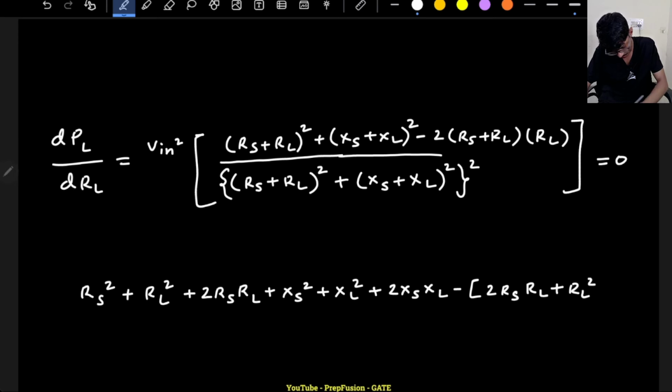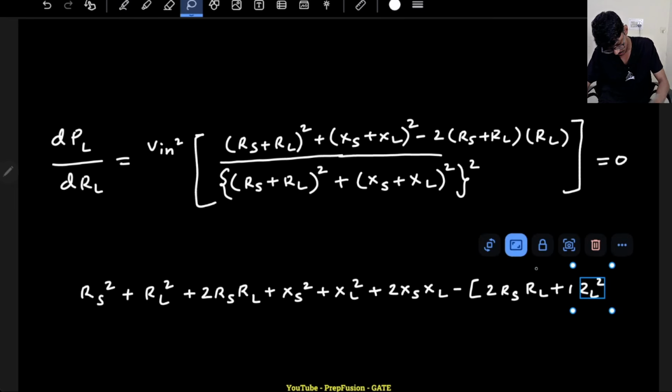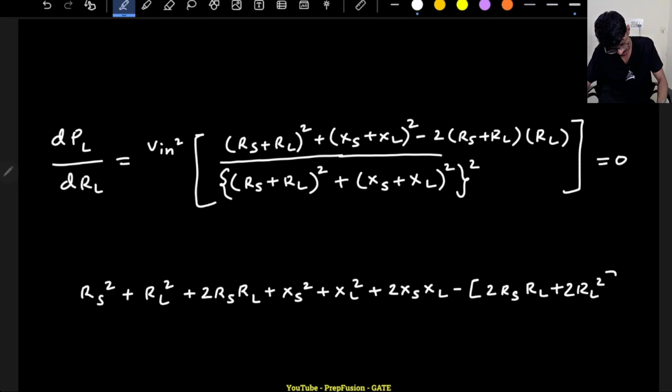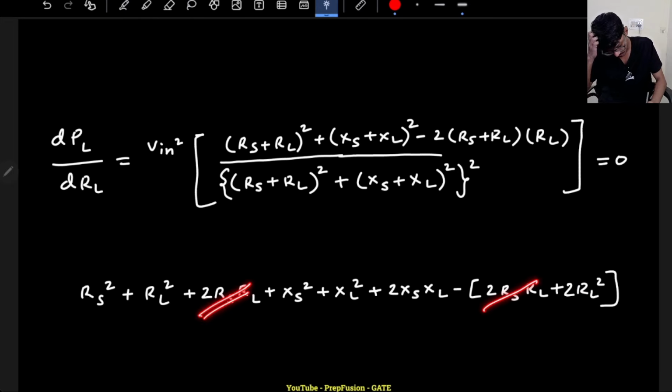Obviously 2 is also there, right? So the RS plus RL terms will get cancelled out.